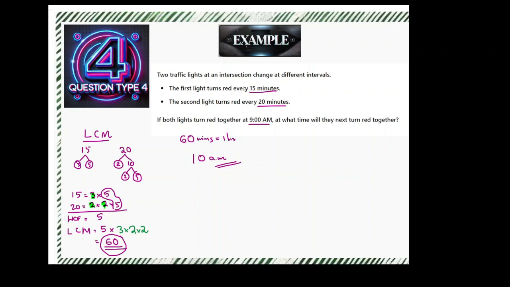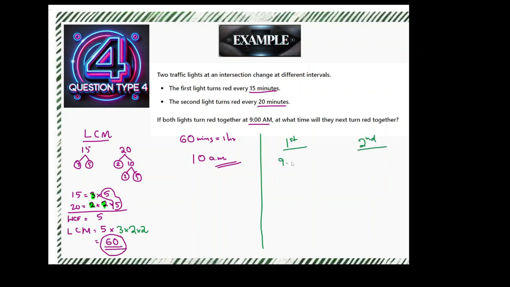However, if you want to do it in a slightly different way, or if some of you think, actually, we can do this in a quicker way, yes, you can. But sometimes if the numbers are big, that method may not be correct. Let me show you this anyway. The other way is to think about the first light and then the second light, and list the times.